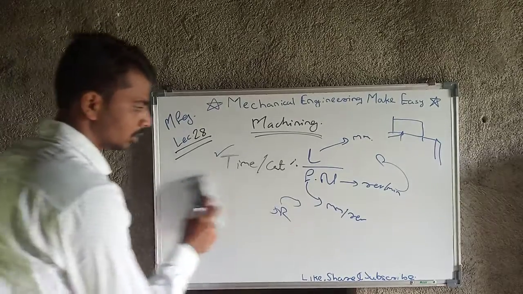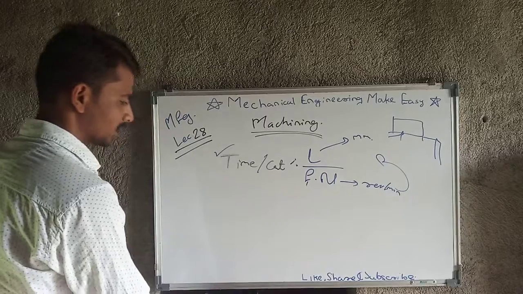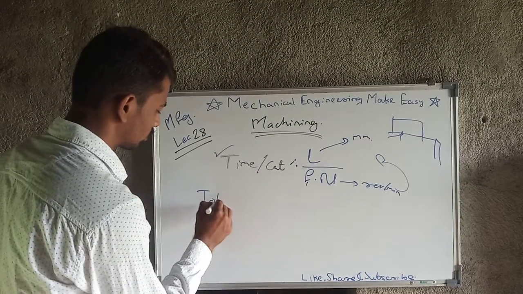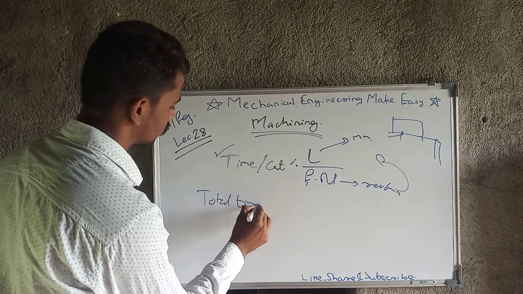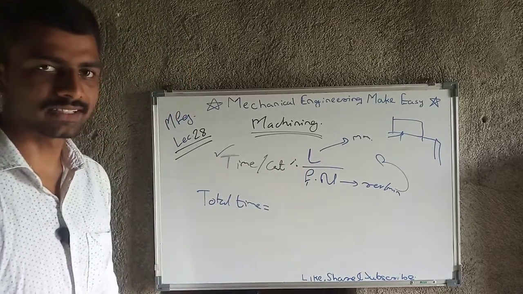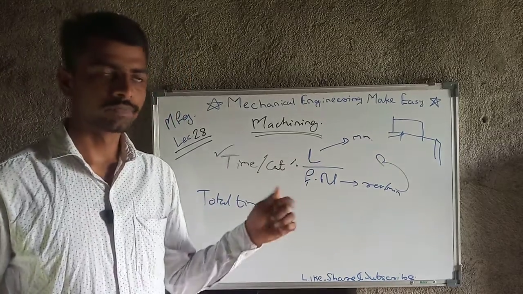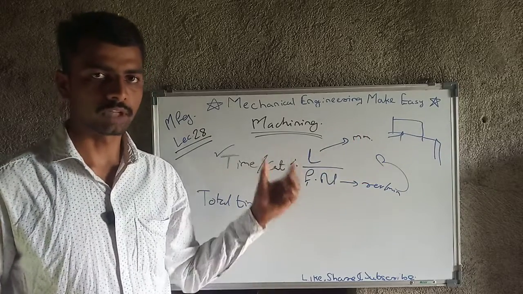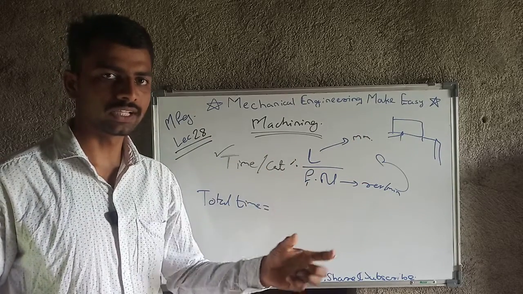Then another point is total time. What is total time? A workpiece is not machined over the whole portion we need in only a single pass.